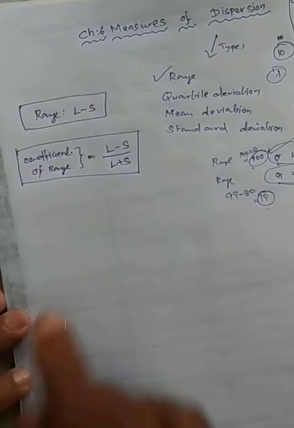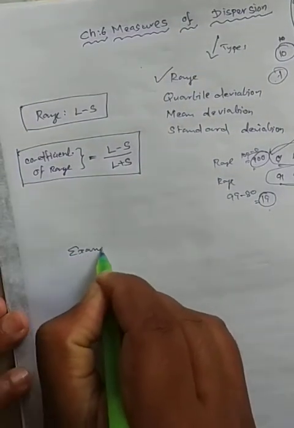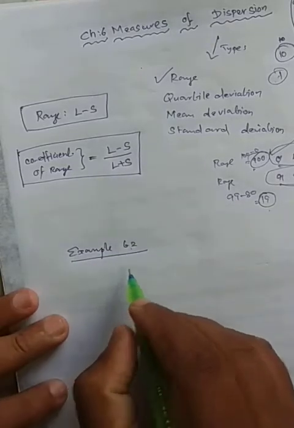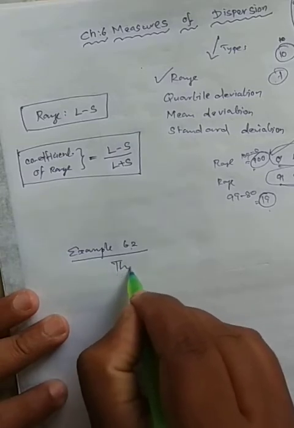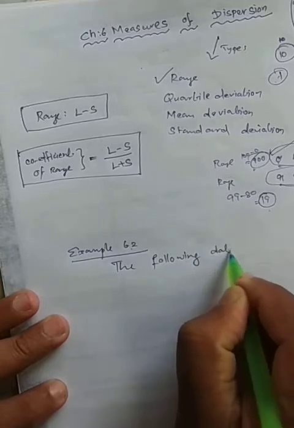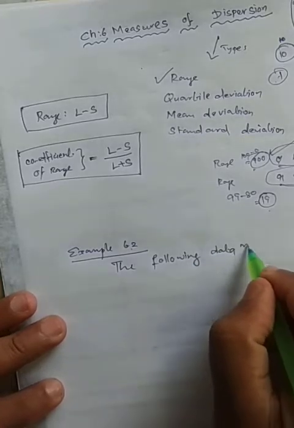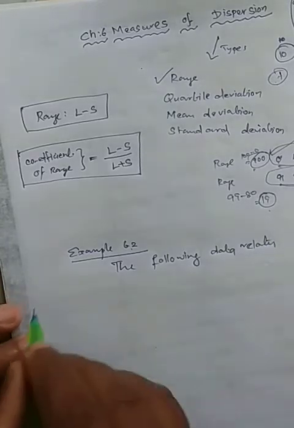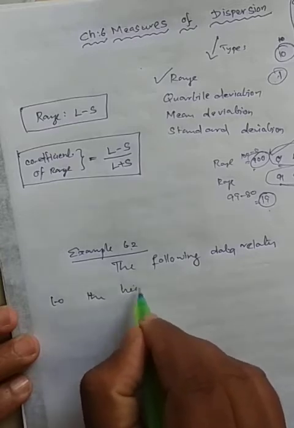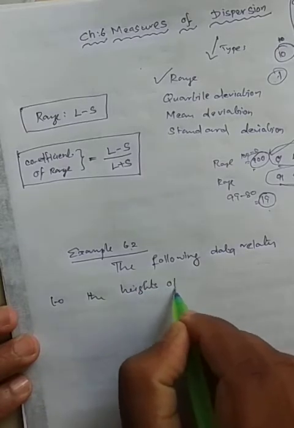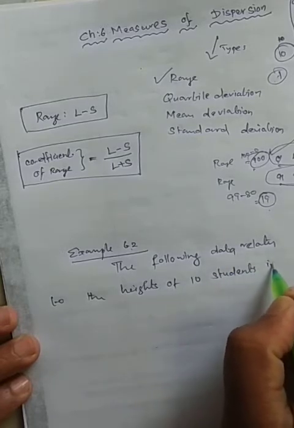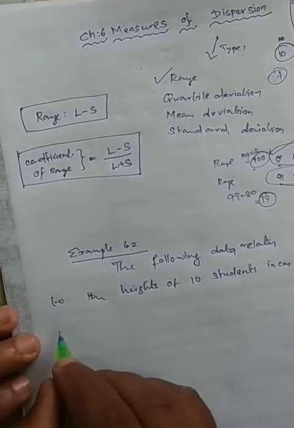So let me check one formula. Example 6.2 is there. What is example 6.2 saying? The following data relates to the heights of 10 students in centimeters in a school.